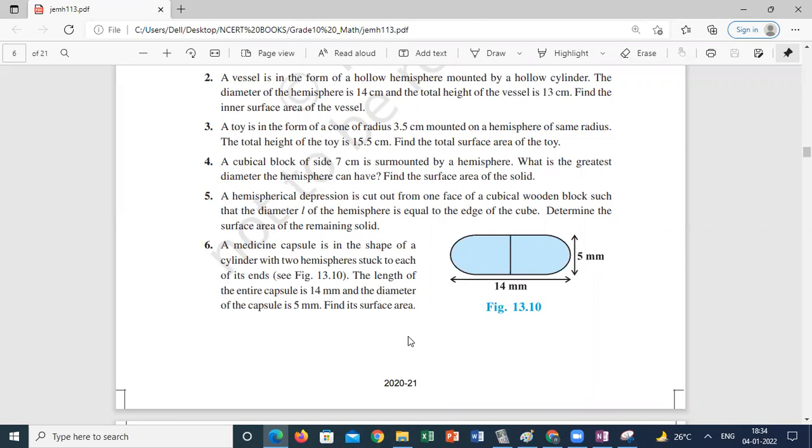Can anyone tell the final formula for the surface area? Anyone, please give the answer for this question. First, give the formula for the sixth question.